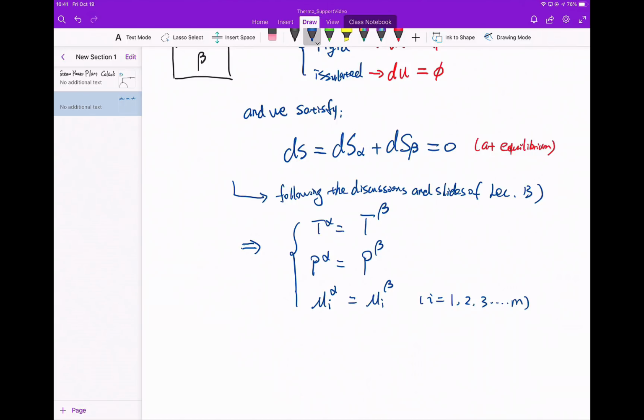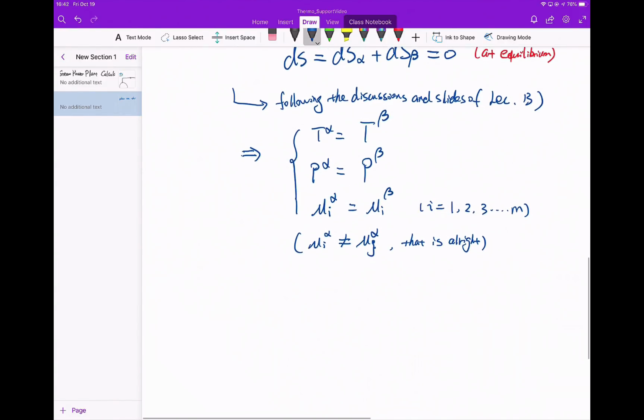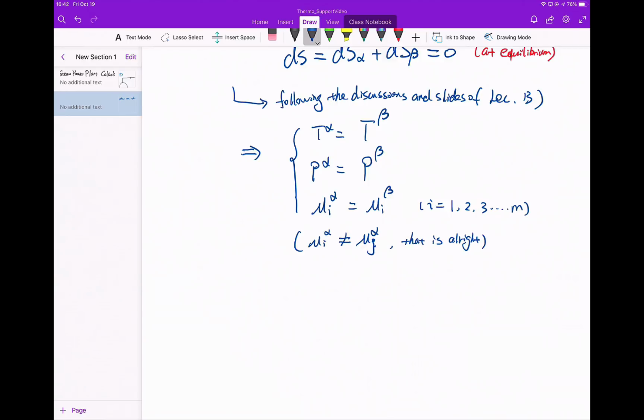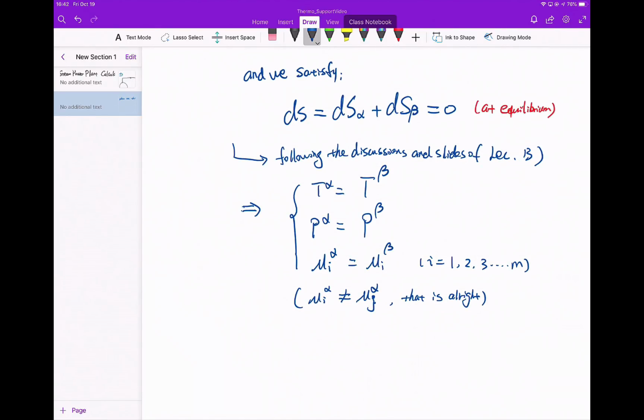But of course, mu I in the alpha, we don't have to satisfy mu J in the alpha. So that is okay. But the component itself, the chemical potential should be exactly the same throughout the container, the alpha and the beta phases. Okay, so this is almost the discussion we had for the chemical potential.